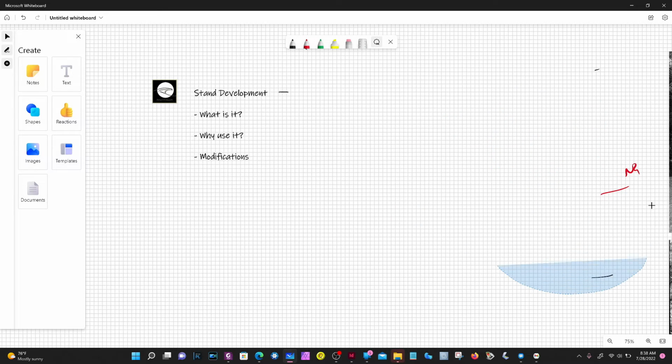The principles behind stand development are really very simple. They are, over time, in other words, if you wait long enough, as in 1 hour, eventually the developer is exhausted.